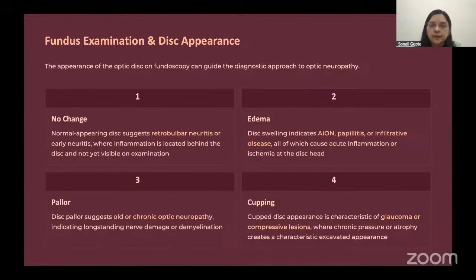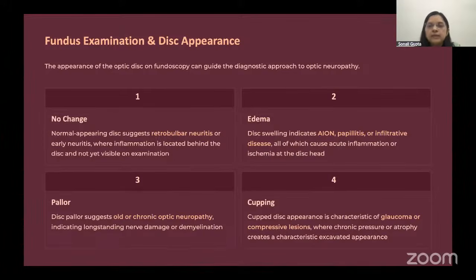A good fundus examination, especially looking at the optic disc, because disc gives us a clue in what is going on. If there is no change in the optic disc appearance, it usually suggests retrobulbar optic neuritis, which is a very common feature of a typical optic neuritis, that is the one associated with multiple sclerosis.